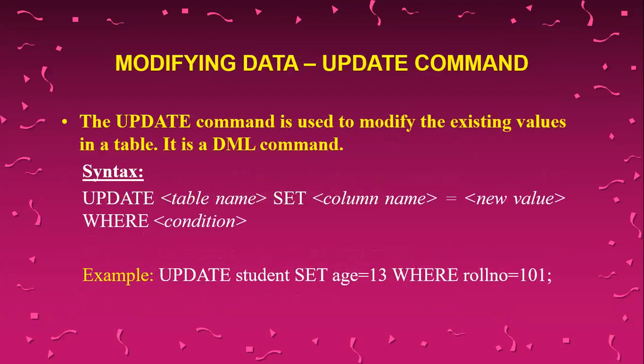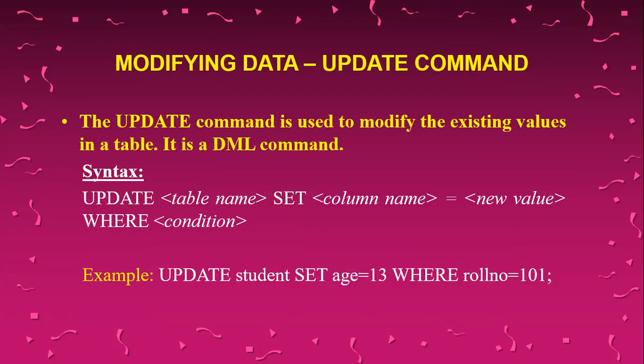Suppose I have a table and I want to modify the existing data or the values inside the table. The command used is UPDATE, and it's a DML command, data manipulation language command. It will modify the existing data. The syntax is: update table name set the column name which you want to change equal to new value where condition.